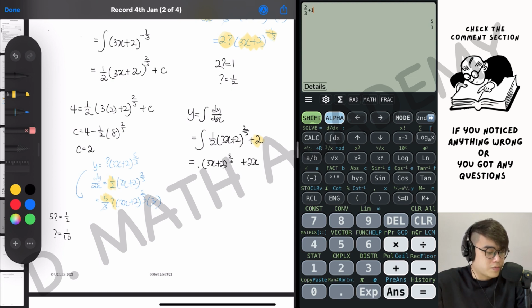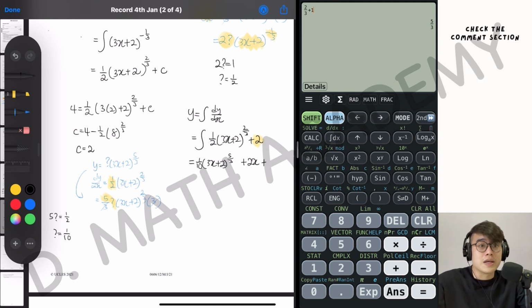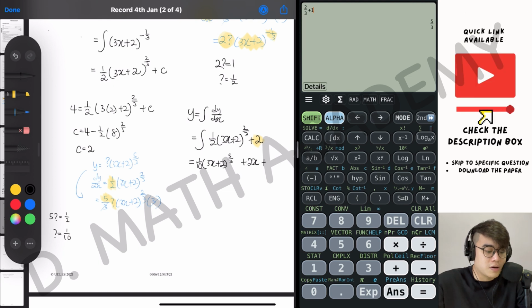Okay, so we get 1 over 10 now. And please remember, you have to add another letter in to represent the constant here. Okay, I just put it as D because I don't want to repeat the C twice. So now that we have our y equals 1 over 10, (3x + 2)^(5/3) + 2x + D.